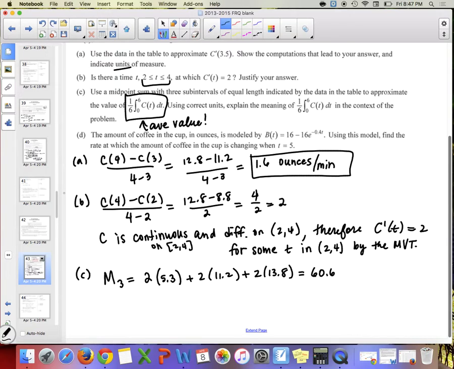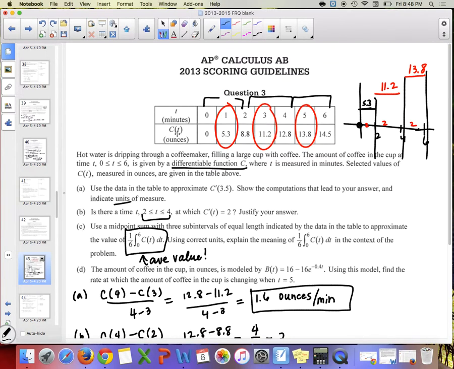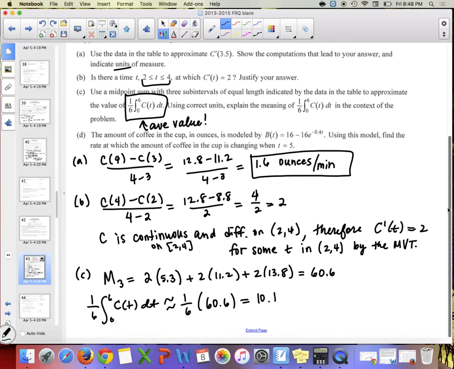That would be a huge coffee cup. We still need the 1/6. So what we're approximating is this 1/6 integral from 0 to 6 of C of t dt. We just found the approximation for the integral part, but we need 1/6 of it. So we get 10.1. And this is the average value for C. If you look at the units for C, it's in ounces, right? So our units are going to be ounces.